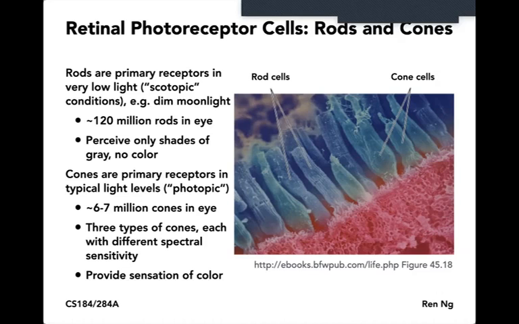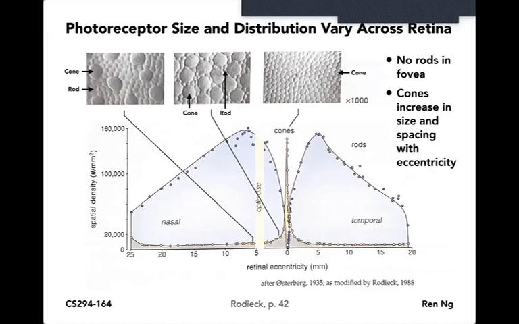The reason there are 3 comes from our DNA, and it's encoded in our genetic material. The 3 types of cone cells are crucial in providing our sensation of color. And as was asked earlier in the chat, this is the biological basis for the 3-dimensionality of our color. Although that was not a trivial thing to establish scientifically in the history of this science.